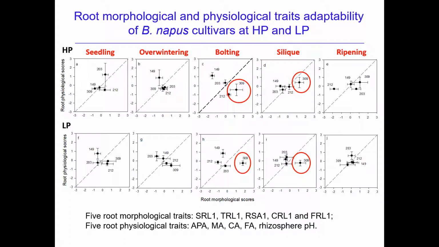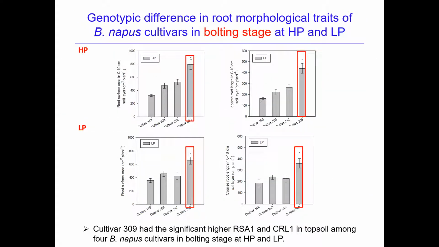We found that in the bolting and seedling stages, cultivar 09 had significantly higher root morphological scores than other cultivars. So we further analyzed the genetic difference in the root morphological traits, and found that for the root surface area and the coarse length in the topsoil, cultivar 09 all had the highest and significantly higher values.